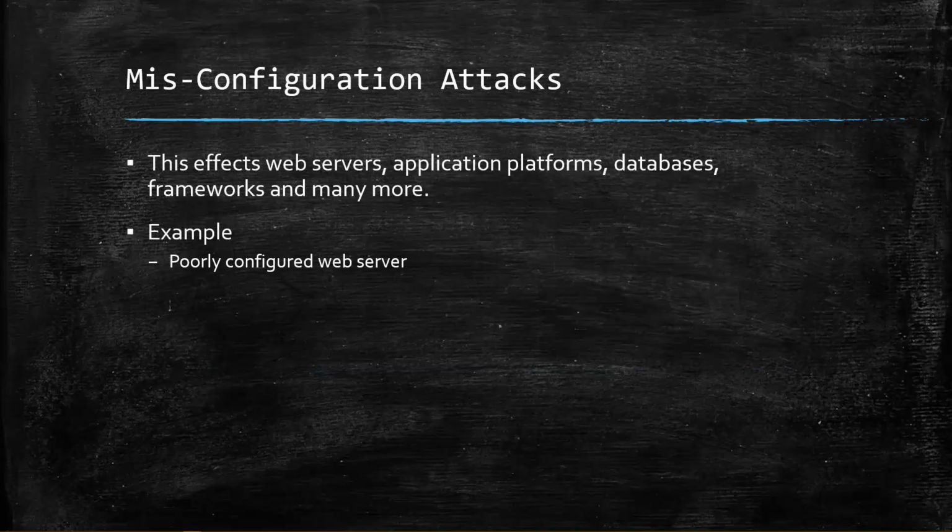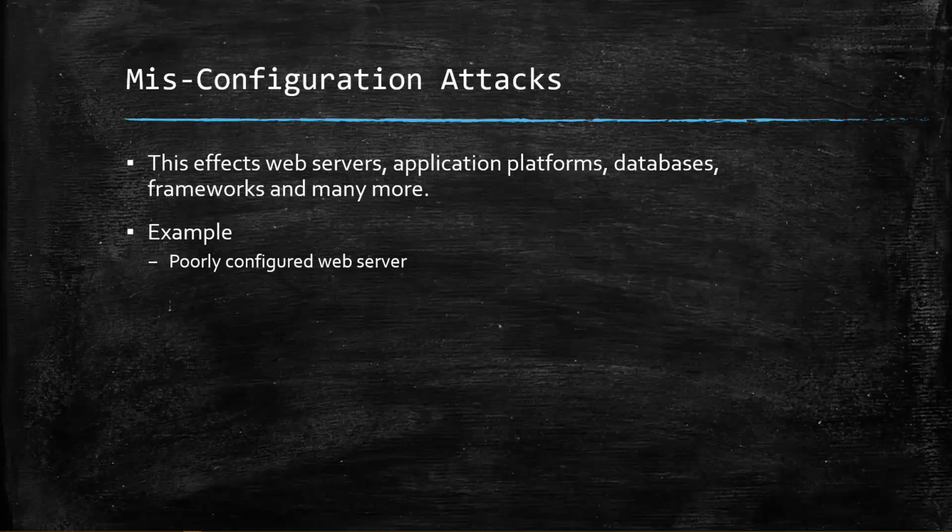Misconfiguration attacks: if your web server or any kind of server, like a database server, is poorly configured, and access is given to everyone instead of only the people authorized to operate the database.